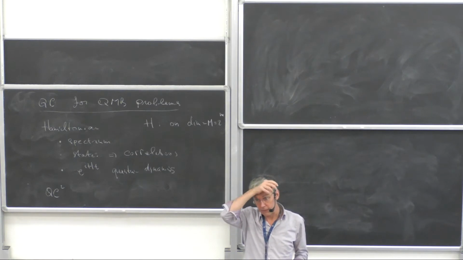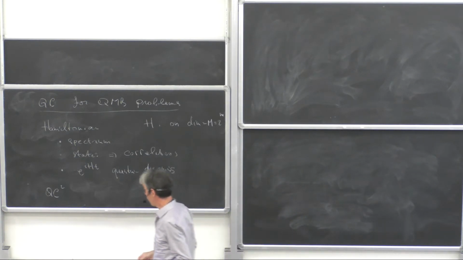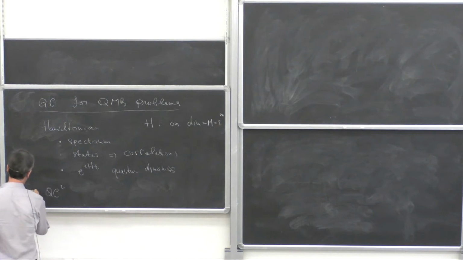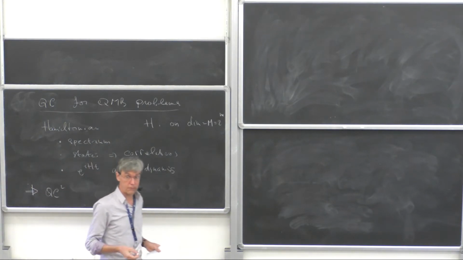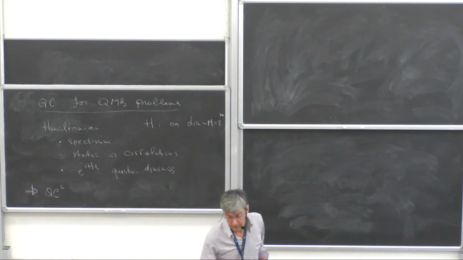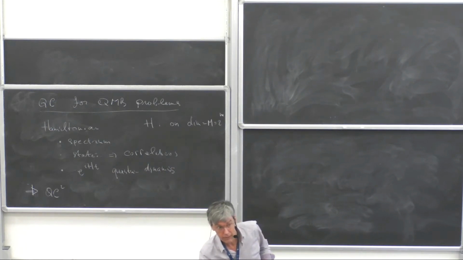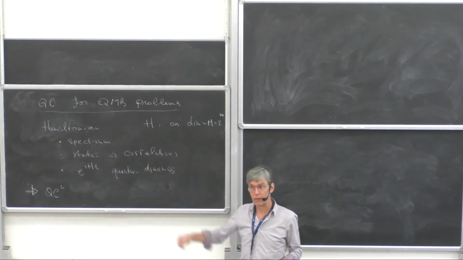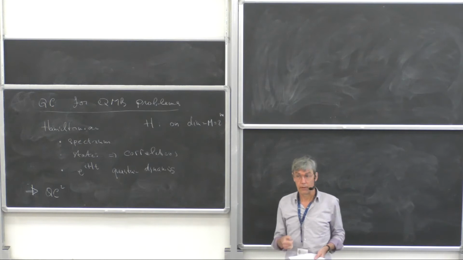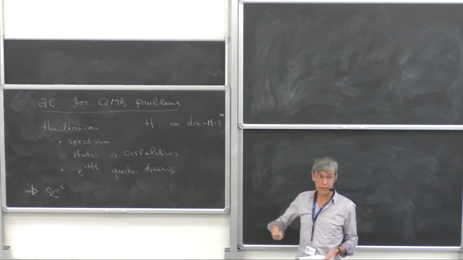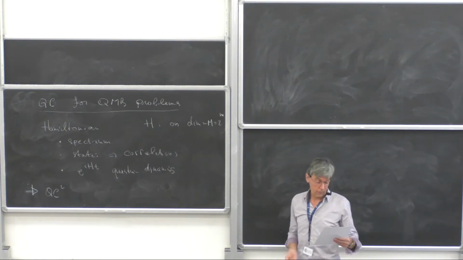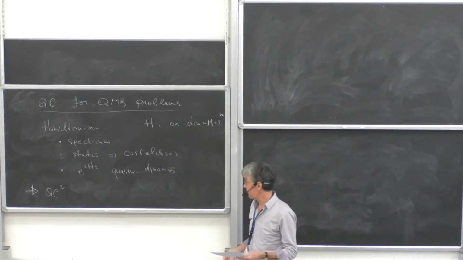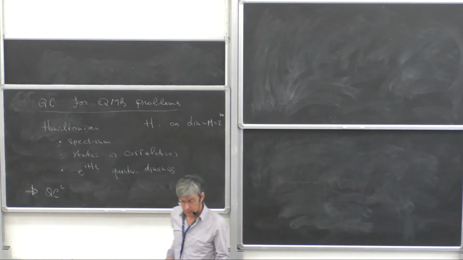But it's a big field, and some of the hope is that this could be the place where quantum computers strike first, because there can be problems that require not too many qubits, and that could maybe even be done on the noisy intermediate scale hardware that we are having these days, and that could still make a difference as compared to other available methods. But this is all to be seen in the future.